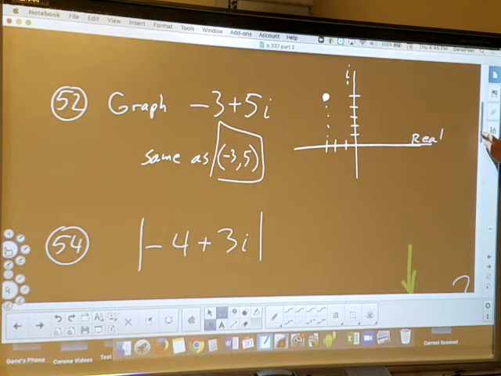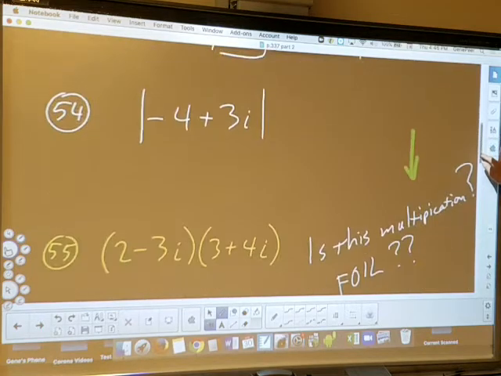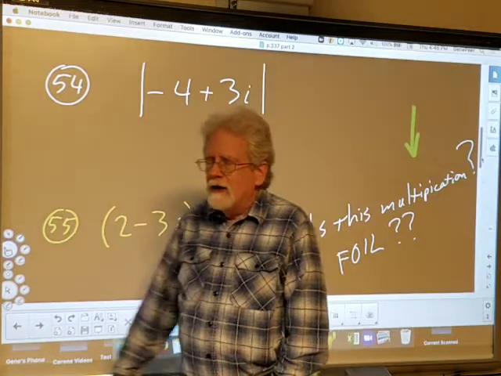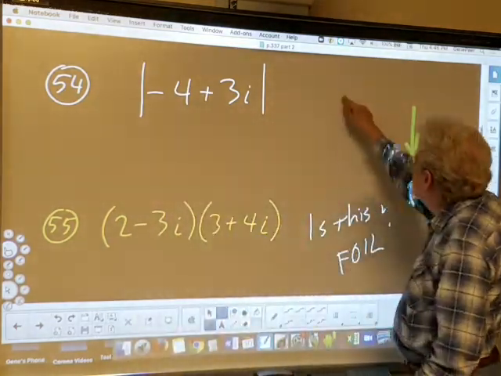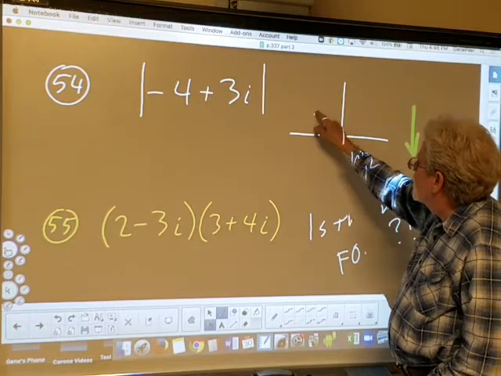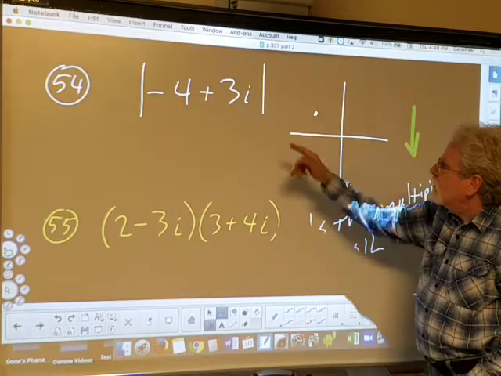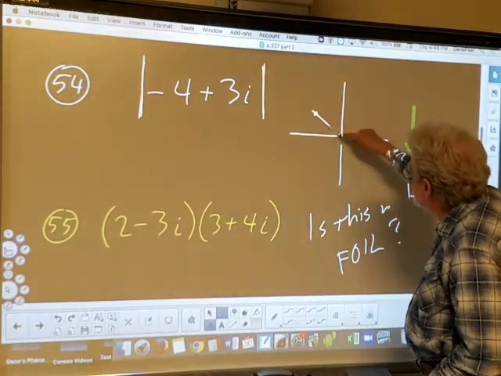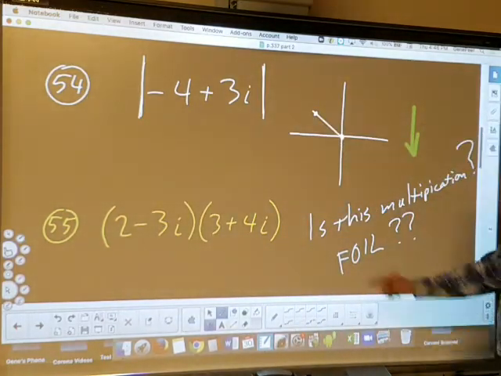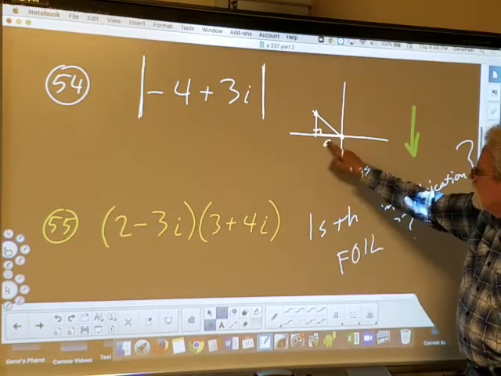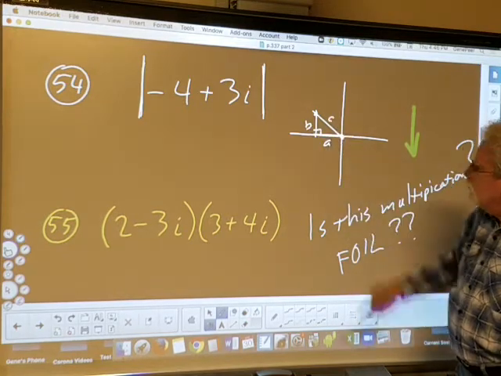It's in imaginary territory. Number 54, absolute value of an imaginary number. First of all, think of it like this. Where is that located? It's at -4 plus 3i, someplace around here. What's absolute value mean? It means how far away from 0 is it? Well, how do I know? Easy. Use the Pythagorean theorem. a squared plus b squared equals c squared.